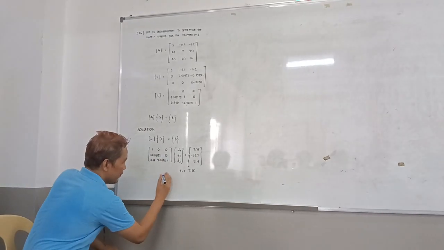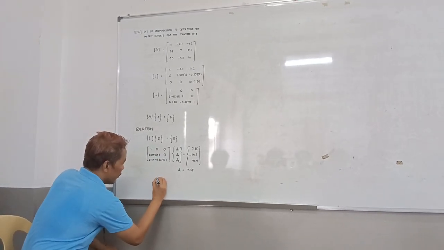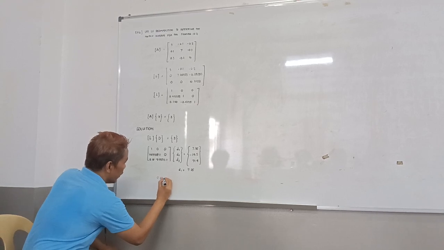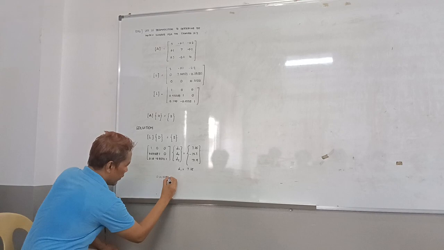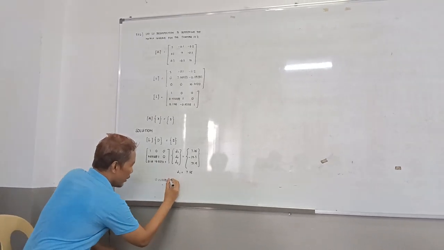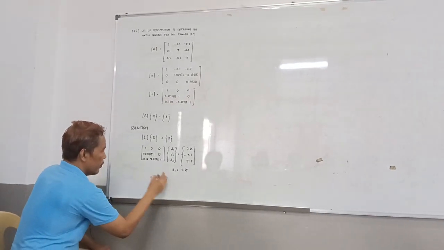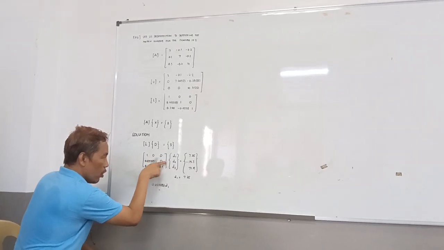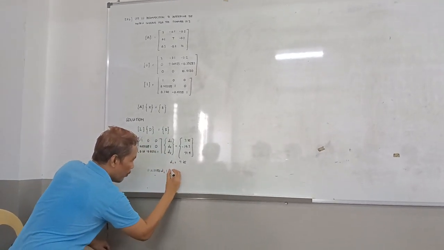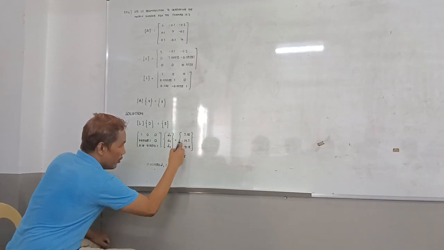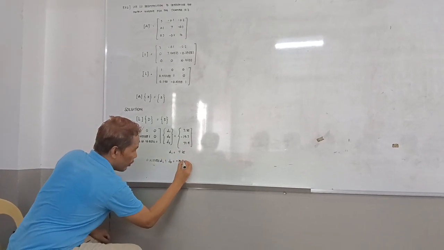Multiplying 0.033333 by D1, row multiplied by column, plus 1 times D2, is equal to negative 19.3.